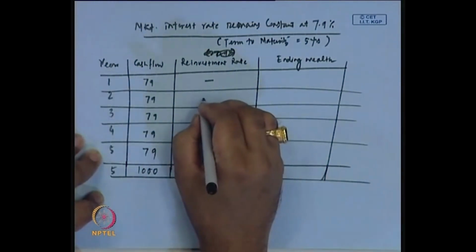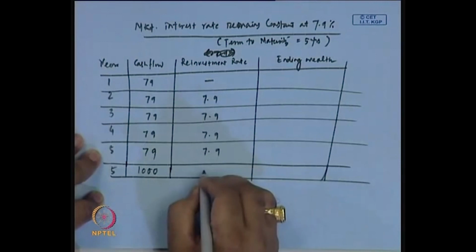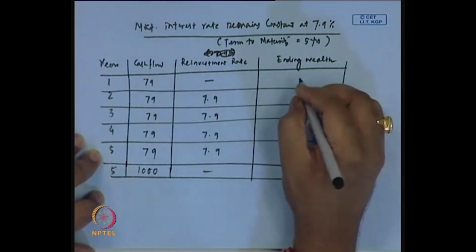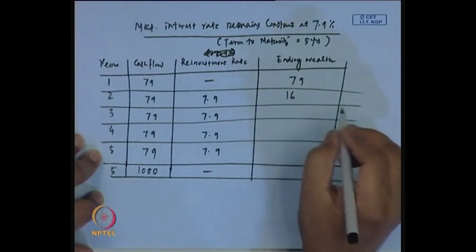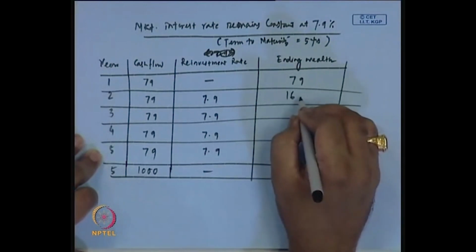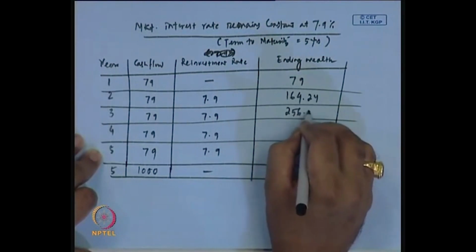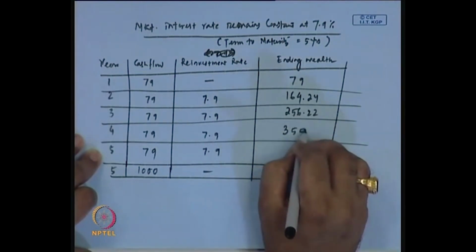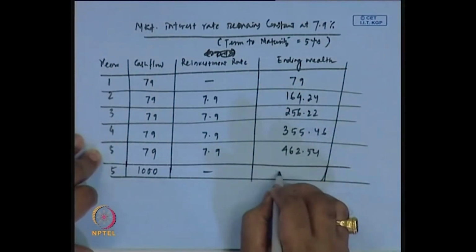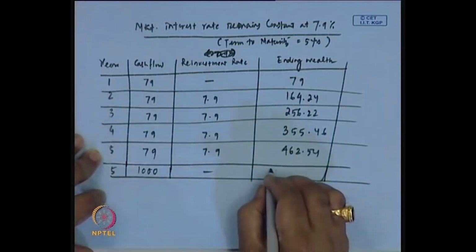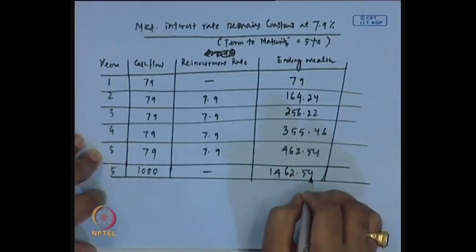Then the ending wealth is 79, then 1.079 squared into 100, that is 164.24, then 256.22, then 355.46, then 462.54, and at the end of the period it will be 1000 plus this, that is 1462.54.